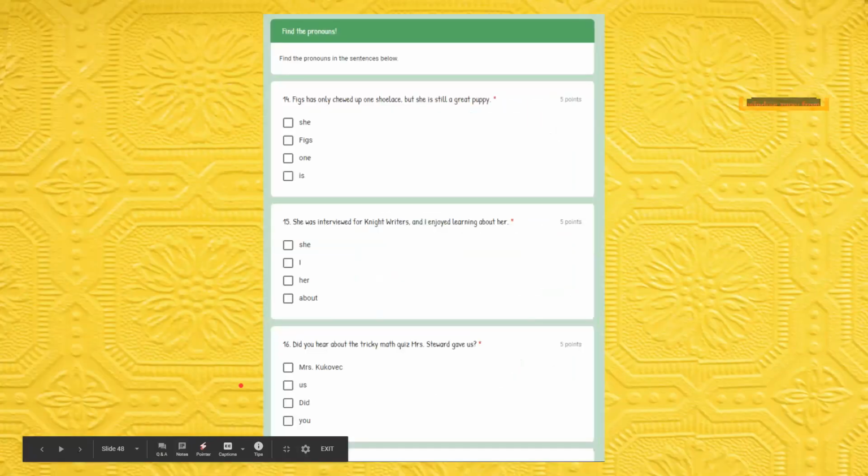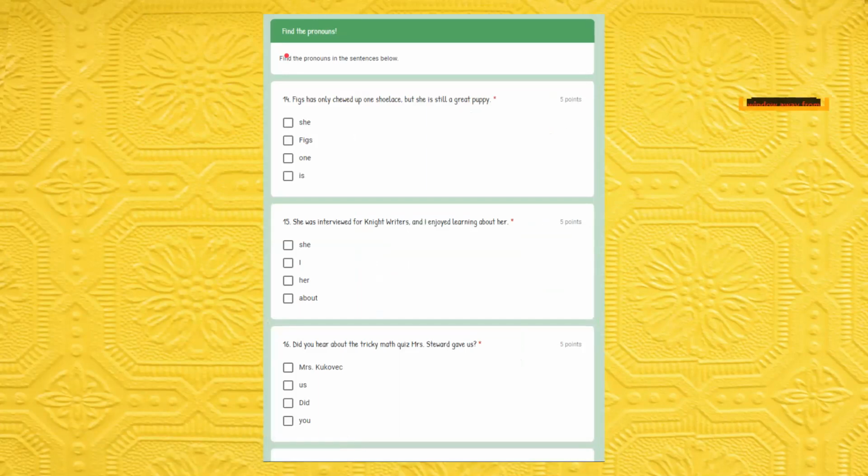Then that'll bring you to this part. It says find the pronouns in the sentences below. So now it's asking you to find all of the pronouns. You have to click all the pronouns you see. This says Figs has only chewed up one shoelace, but she is still a great puppy. Which words here are pronouns? Well, we only see one, so I would only click she.